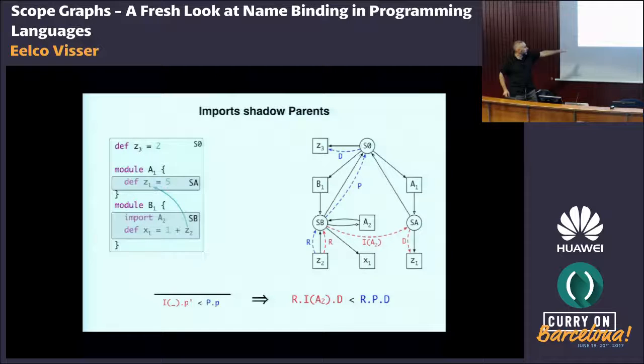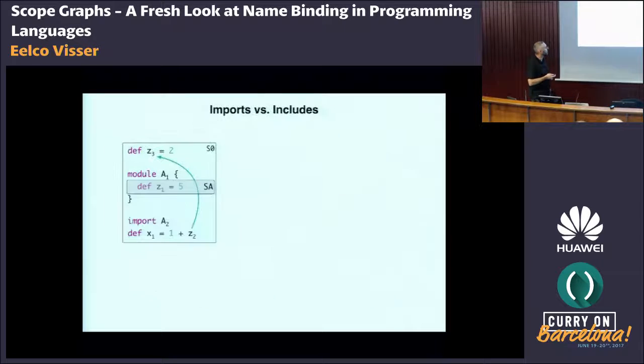Or we could leave out this rule, and then this situation would be ambiguous. That would mean it's an error if something occurs both in the lexical context and in the imports. So you can play with these rules to tune the binding rules for your language.